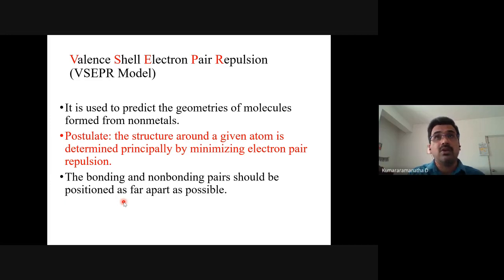But if you have non-bonding or lone pairs of electrons, imagine the situation. There you will have more electron-electron repulsion. Even those aspects are considered, based on which the structures of the water molecule and ammonia molecule deviate from sp3 hybridization because of lone pairs.